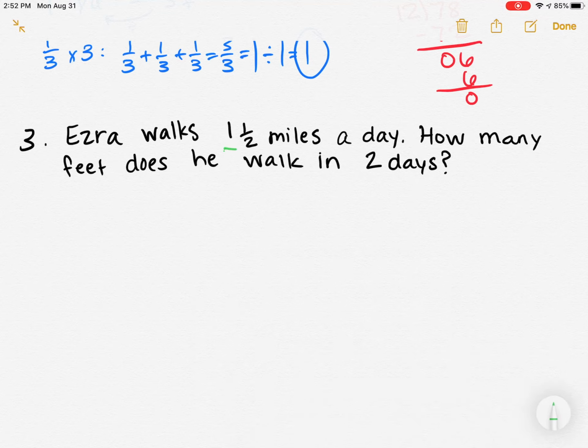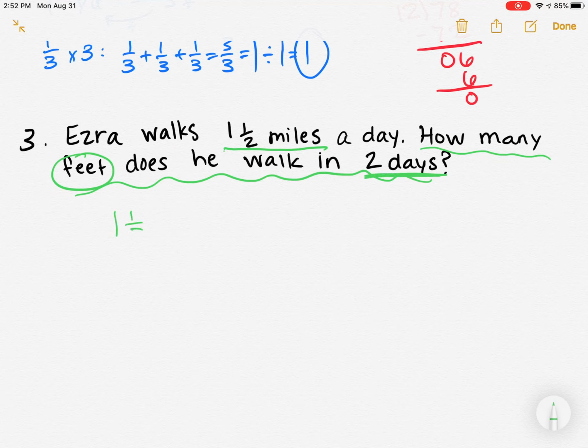Let's first underline the important information. Ezra walks 1.5 miles a day. How many feet does he walk in 2 days? Well, he walks 1.5 miles, and we need to figure out how much he walks in 2 days. So let's start there. 1.5 miles in 2 days.